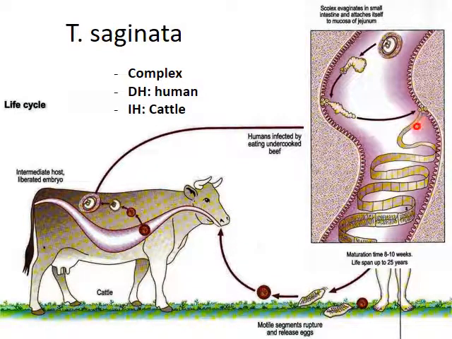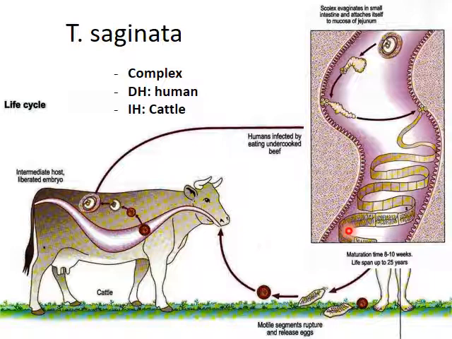This then develops into the adult worm. As you can see here, the larva develops into the adult worm and it undergoes self-fertilization within the segments to produce eggs, and these eggs are formed inside the gravid proglottids.